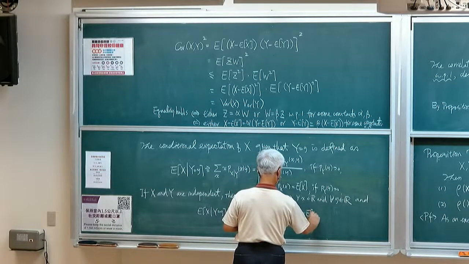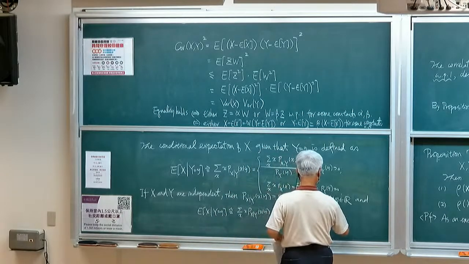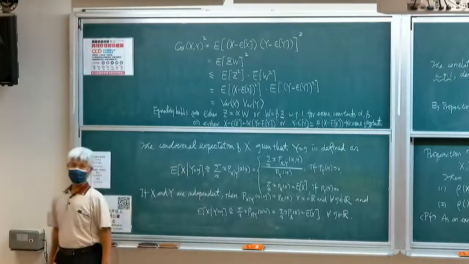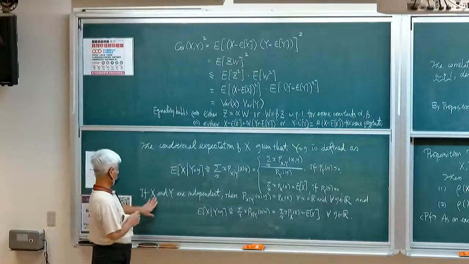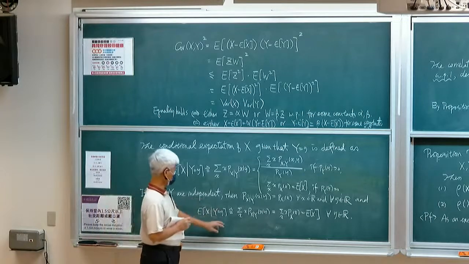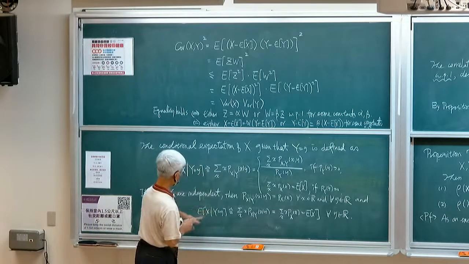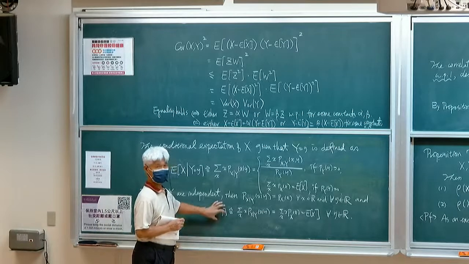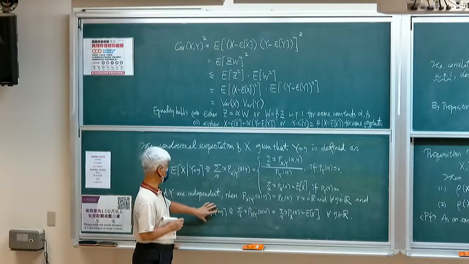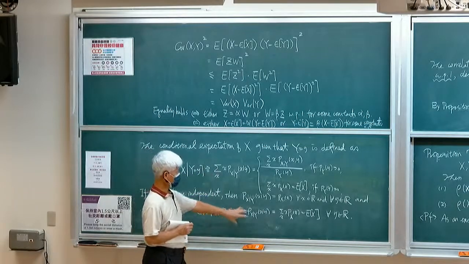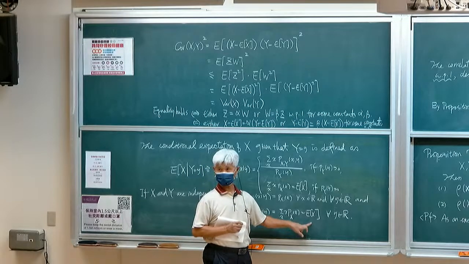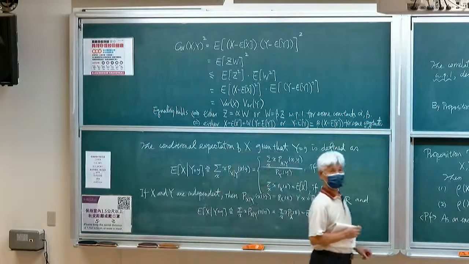So we have that for all y. When X and Y are independent, then the conditional expectation of X given capital Y equal to y, this quantity we define here, is exactly equal to the unconditional expectation of X for all little y in R.